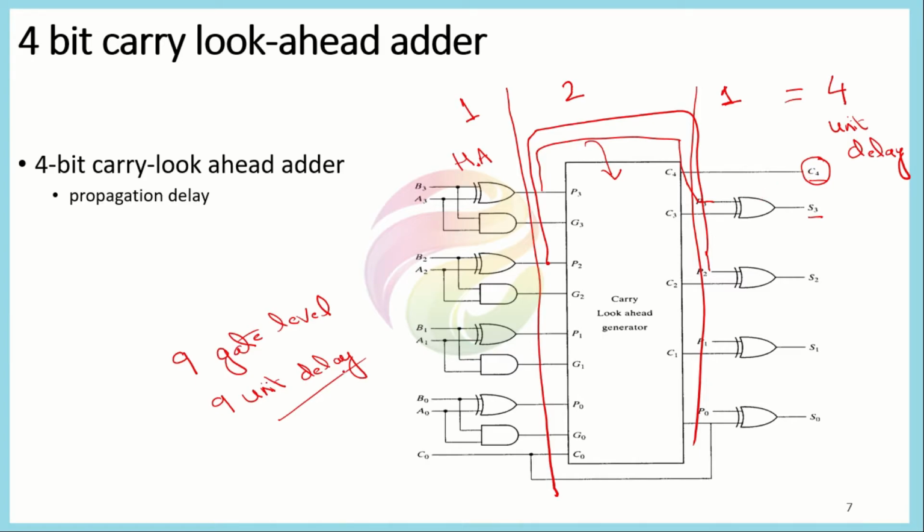So you can see that the previous circuit of the 4-bit full adder was a cascaded system, giving the complete result in 9 units, or if 1 unit is equal to 1 millisecond, in 9 milliseconds, while this carry look ahead adder circuit is giving the result in 4 unit delays.